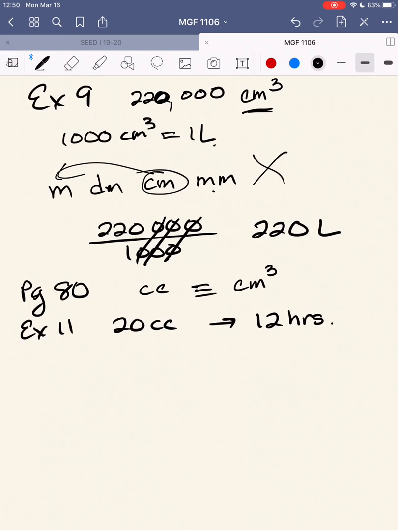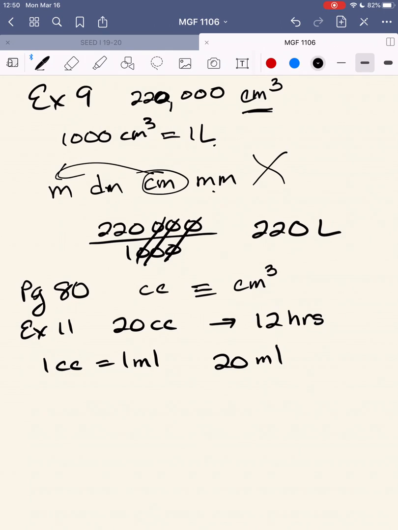If I look at 9.7, 1 cubic centimeter or cc is the equivalent of 1 milliliter. So how many milliliters should be administered? It's exactly the same. It's 20 milliliters. So 20 cubic centimeters is 20 milliliters. That's pretty cool.